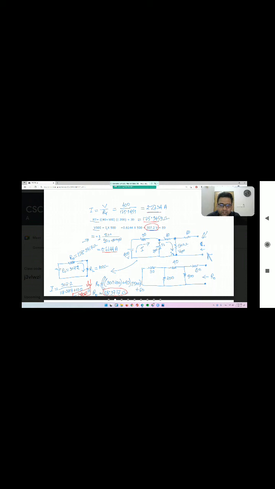So there is no effect of this resistance on the total current. That's why.